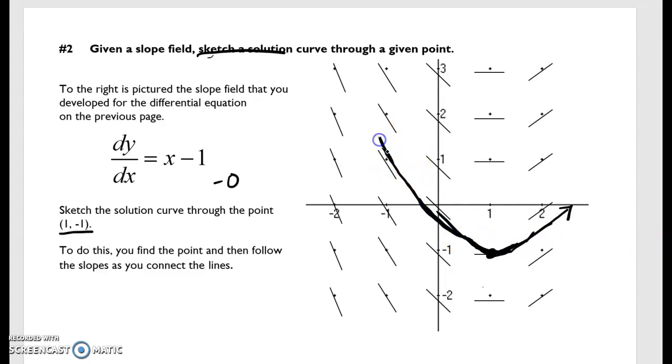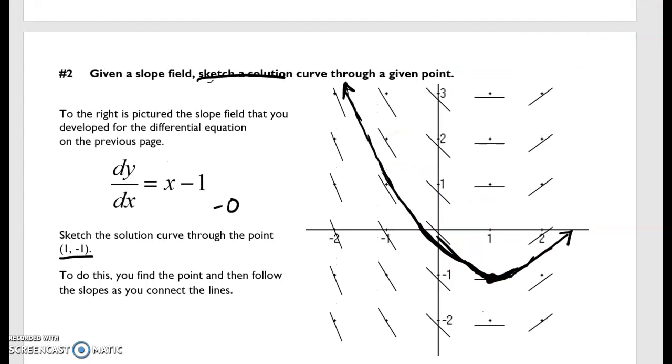So you want them to be parallel as you go. So something like this. That would be my solution curve. So the slope field are the lines. This is my solution curve that I'm drawing in. So just draw your initial condition and then let the lines guide you.